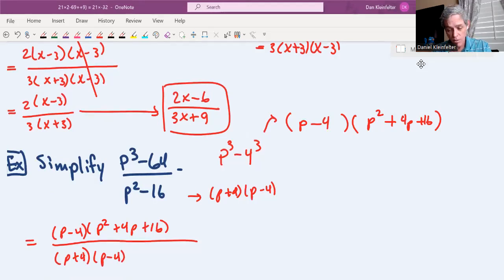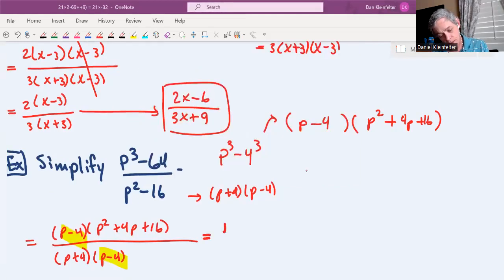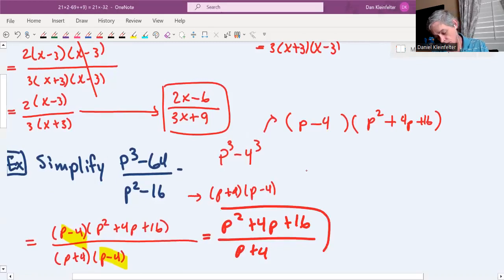The p minus 4s are going to divide out, and so we'll be left with p squared plus 4p plus 16 in the numerator and p plus 4 in the denominator. And that's it for that one.